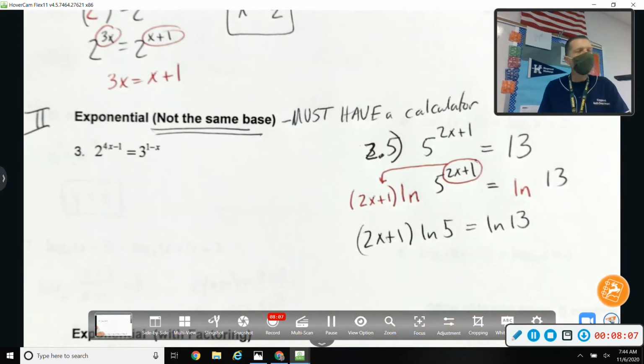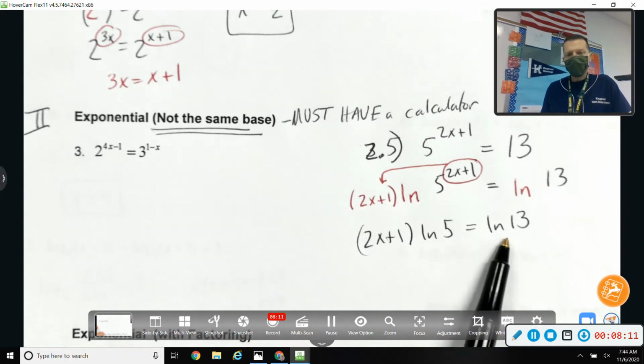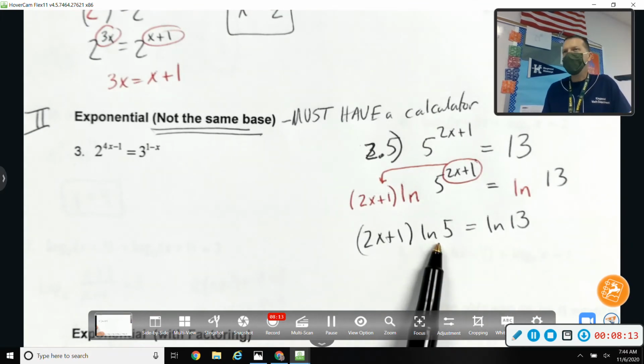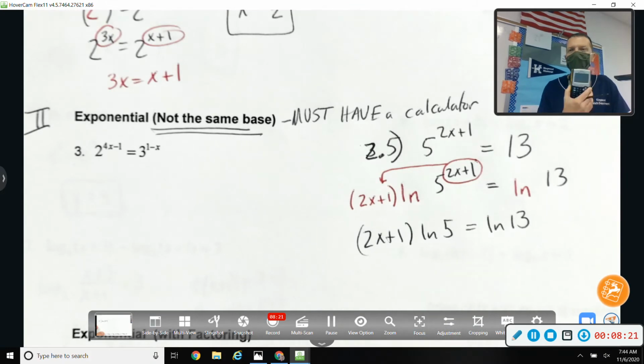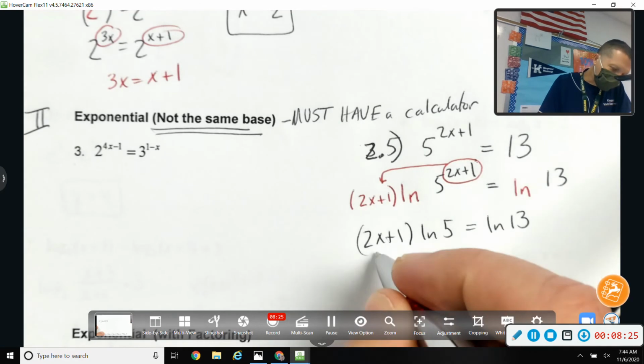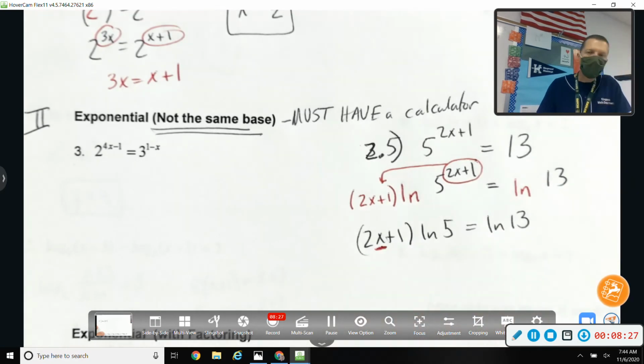There's no exponents in that problem. There's natural logs, which we don't really like, but natural log of 13 and natural log of 5, those are just numbers. So I can use my basic algebra to solve this. Natural logs are ugly, but that's why you got a calculator. So let's solve this for x using our algebra skills, and then we'll go to the calculator last.